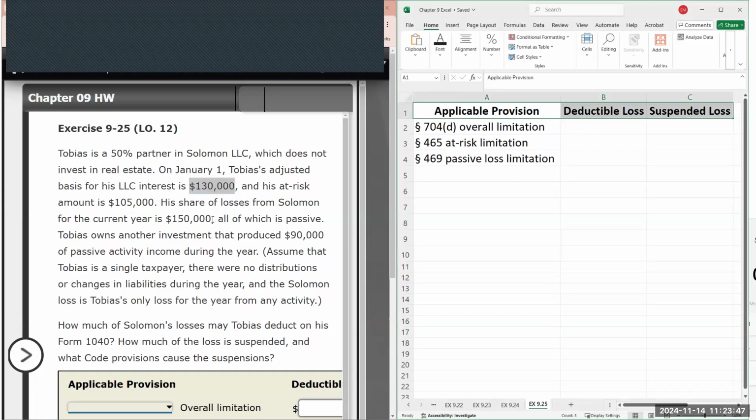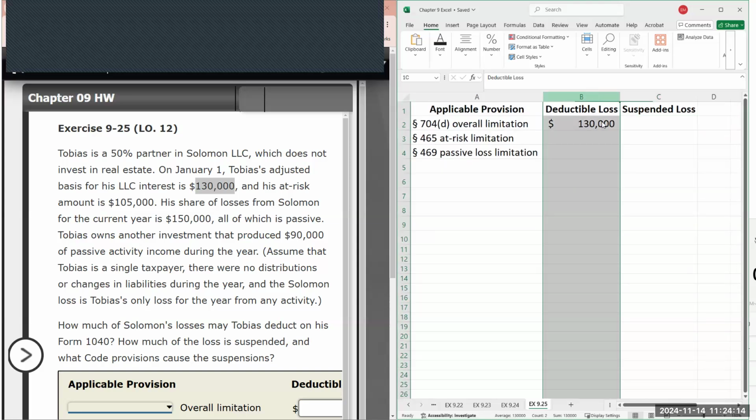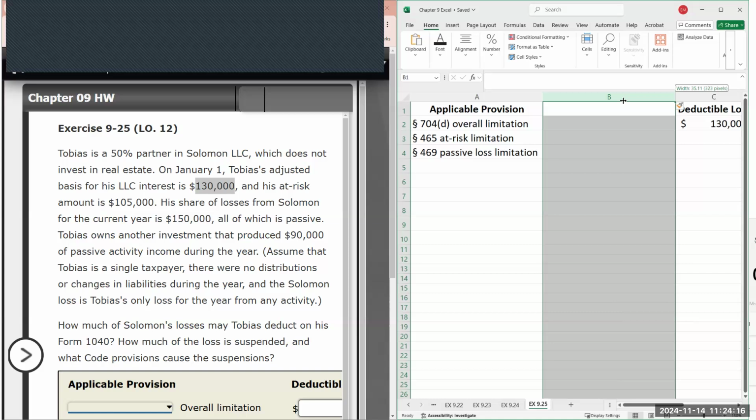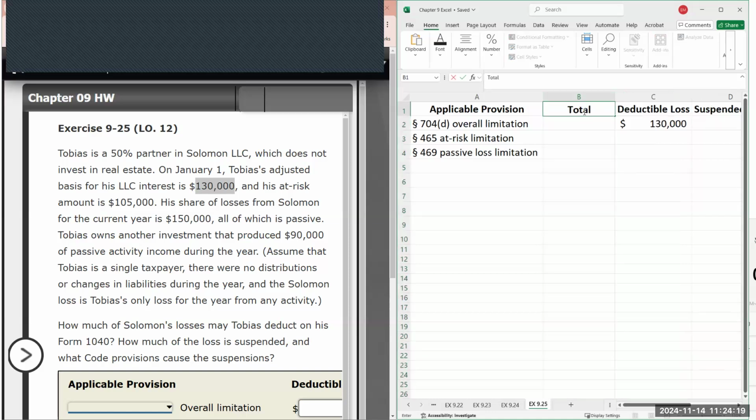So the overall loss was $150,000. However, he only has a basis of $130,000. With Section 704(d), this limitation allows a loss deduction only to the extent of the partner's adjusted outside basis. So of the $150,000 loss, $130,000 is deducted. Let me add another line here.